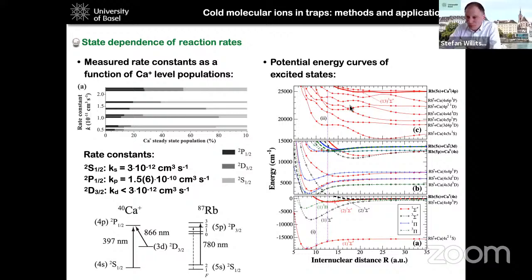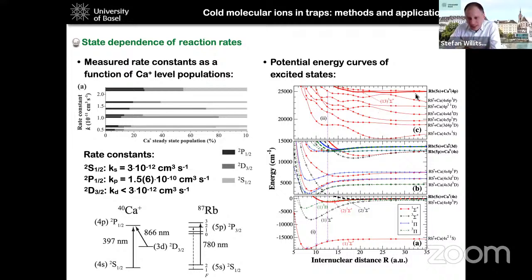Moreover, what I show you in this part of the figure are only the molecular states of singlet sigma symmetry. There are triplets, there are pi's, there are delta states. If I would plot them all, there would not be much white left on this plot. So this is a very dense energy level structure that we have in these collision systems.